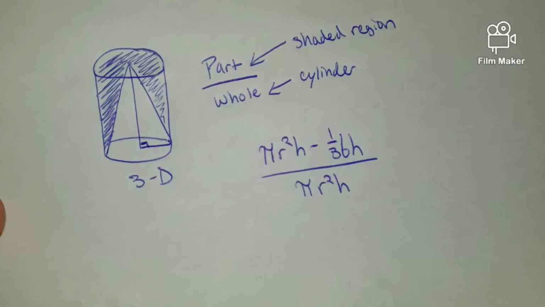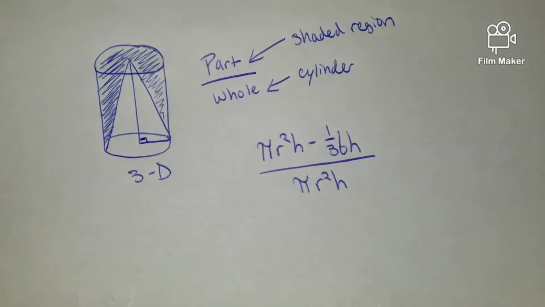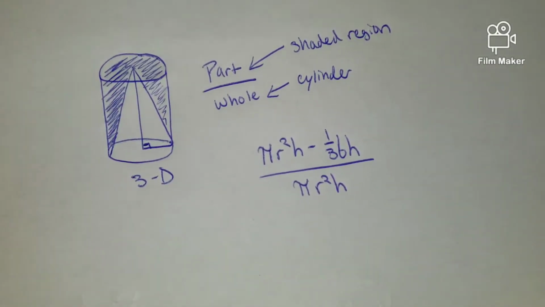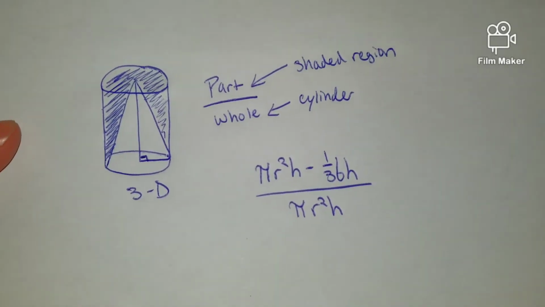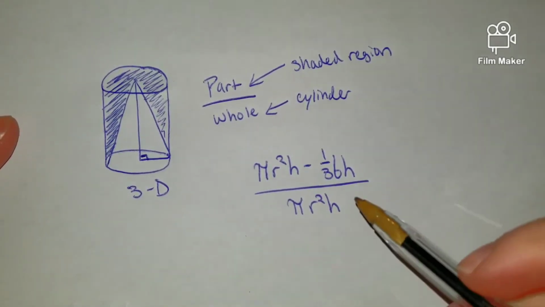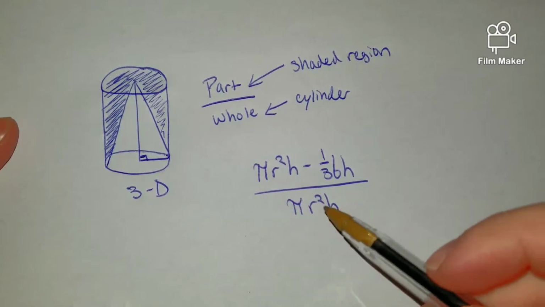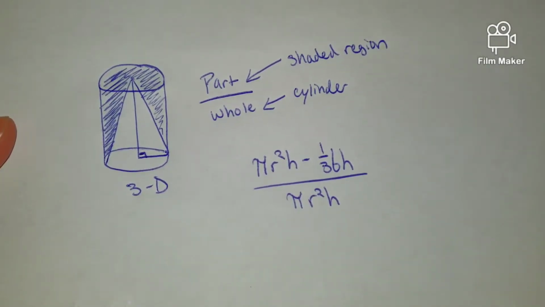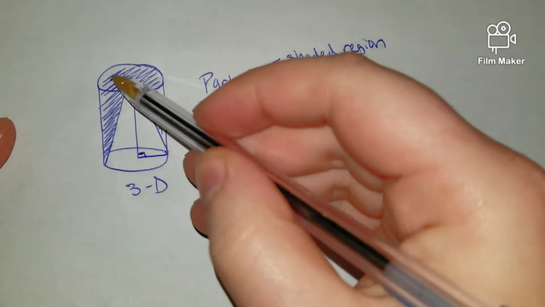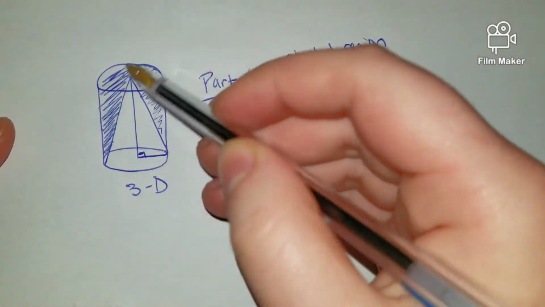Cylinders are 3D objects and not just flat figures. So we can't find the area, we have to find the volume, because it's not asking about surface area, but about how much space.